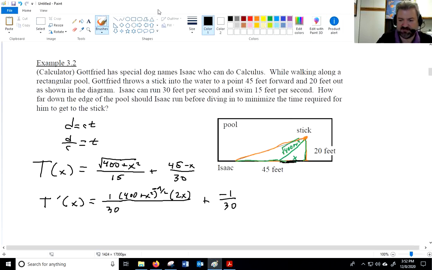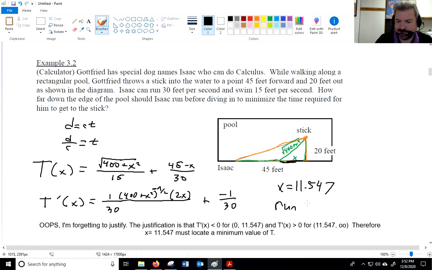So 11.547 is the length of x. How far down the edge of the pool should Isaac run? We're going to run 45 minus that. That will minimize the amount of time.